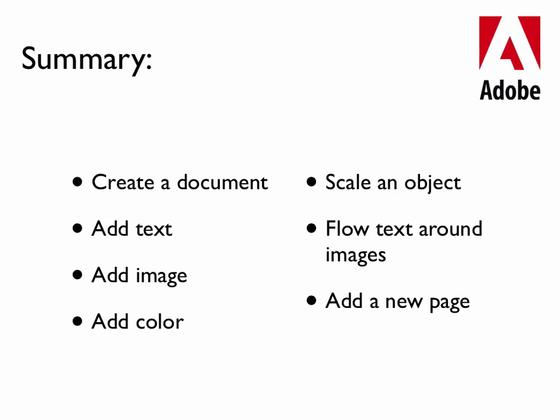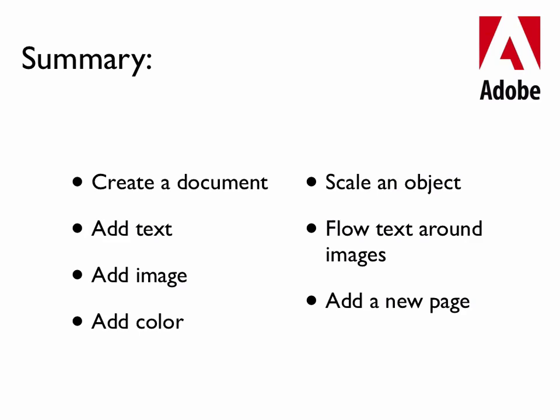To summarize what we've learnt in this tutorial, we've first of all learned how to create a document, how to set the document up with the right size paper, and to add columns to that. We added text to the page. We also used text boxes and we linked the text between those text boxes. We added images to the page.